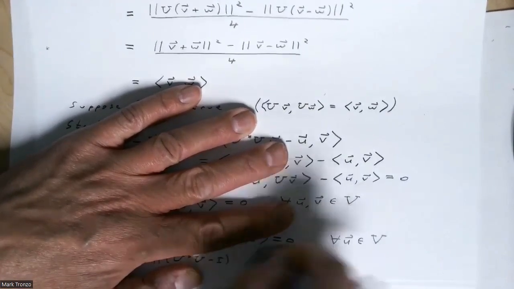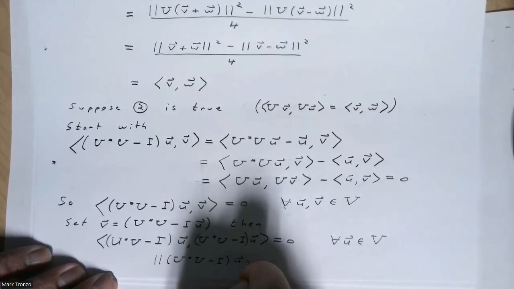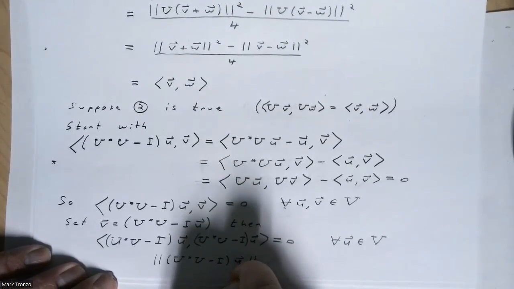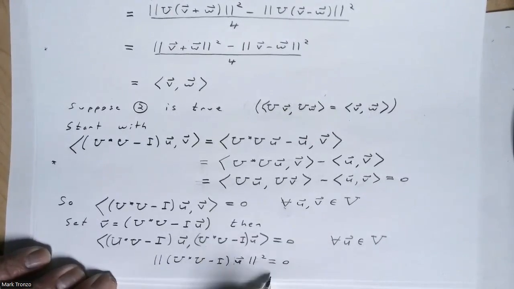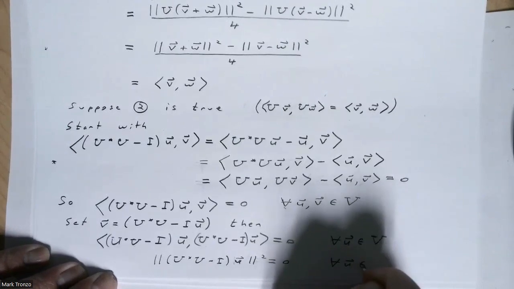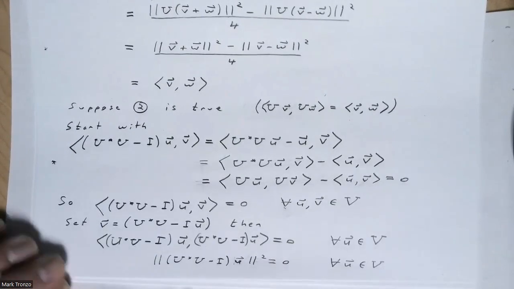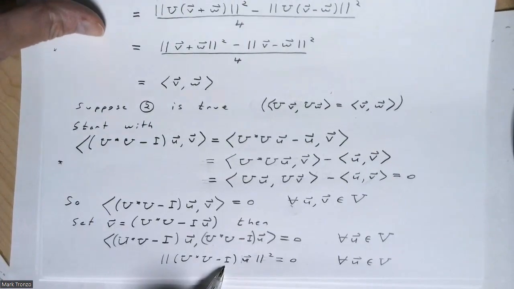And so we have some theorems that say that if you have that this is 0 for all possible vectors u, then this must be 0.